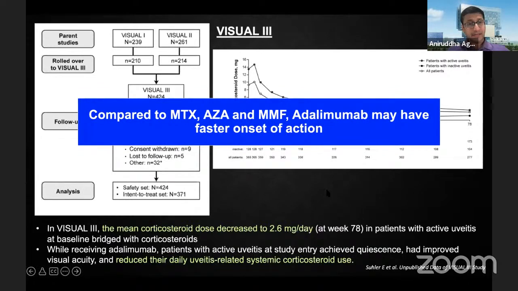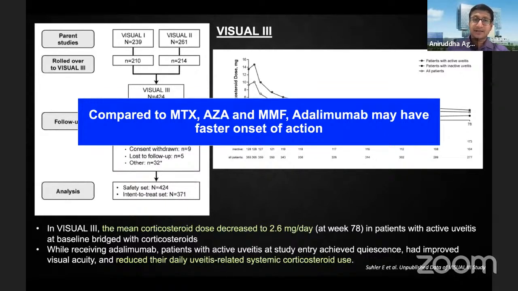So compared to methotrexate, azathioprine, and mycophenolate, remember, both infliximab and adalimumab have faster onset of action. In fact, there's a question on the chat asking, would intravenous infliximab act as fast as methylprednisolone? Probably not so fast, but definitely faster than systemic immunosuppressives like methotrexate.